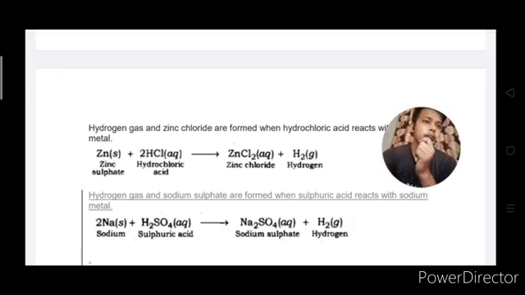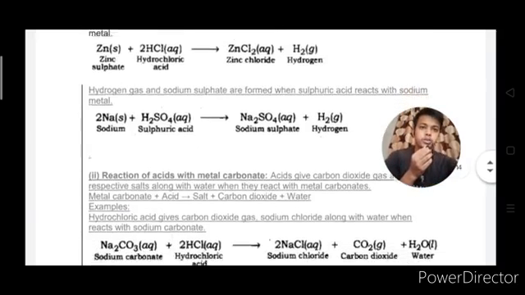It will give the respective salt, the salt of zinc, so zinc chloride. Why 2Cl? Because zinc is divalent, Zn2+, so it needs 2Cl, because Cl is single minus, with the liberation of hydrogen gas.